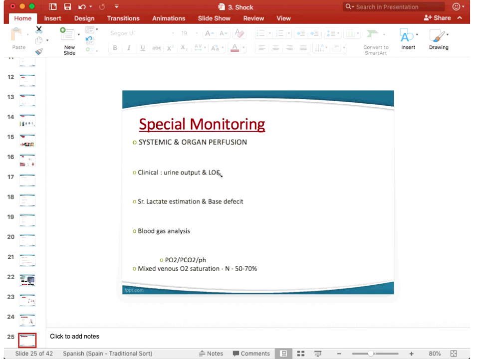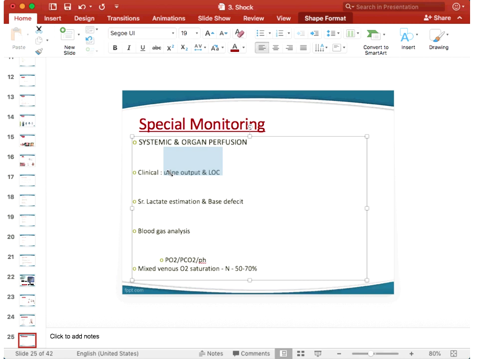Of course, you have to measure how much the patient is urinating. You have to measure on a clinical basis your blood gases. Your blood gases will tell you how much lactate that person is producing.